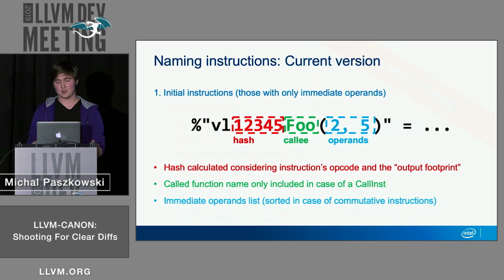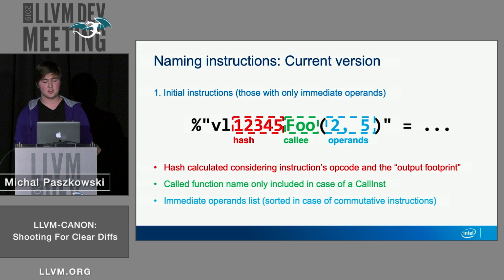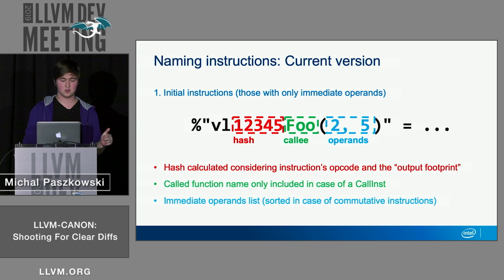So we changed the naming method, and this is the naming method we use now. It distinguishes three types of instructions. There are initial instructions, again. However, initial instruction names consist of three parts. The first part is a hash, which we calculate considering the instruction's opcode and something we call the output footprint.